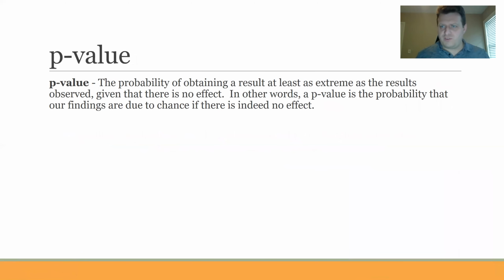Well, Fisher says that what we should do is calculate a p-value. A p-value is the probability of obtaining a result at least as extreme as the observed results. So let's say that we gave Muriel 10 glasses of tea, and she correctly guesses 9 of those 10.